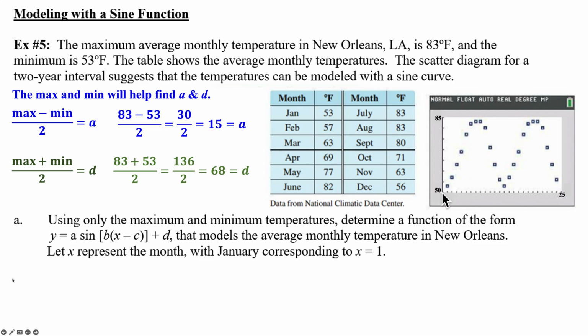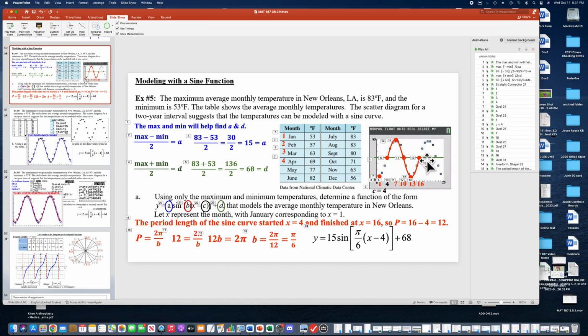So at 68, we cut the graph right in half. It looks like my green line might be a little bit closer towards 70. It should come down a little bit. All right, I'm going to end this here. Move that down a smidgen.